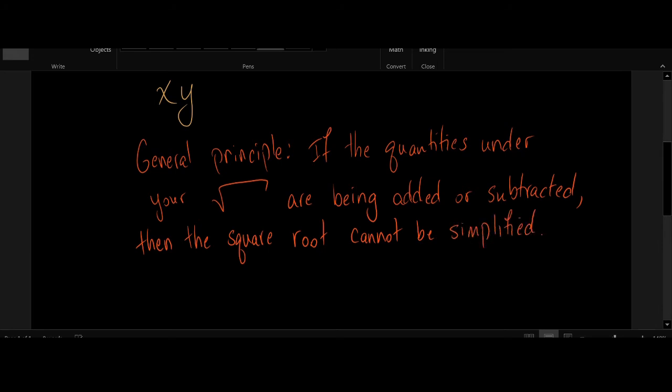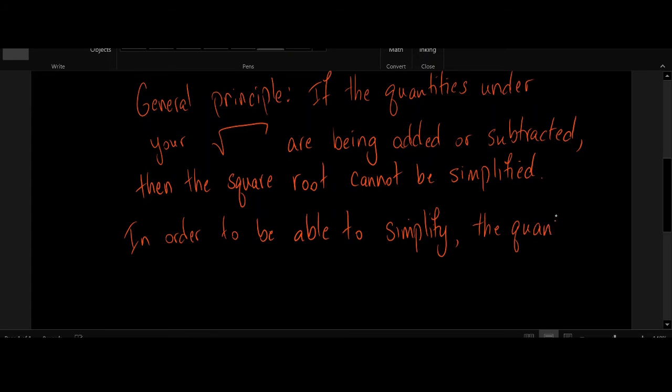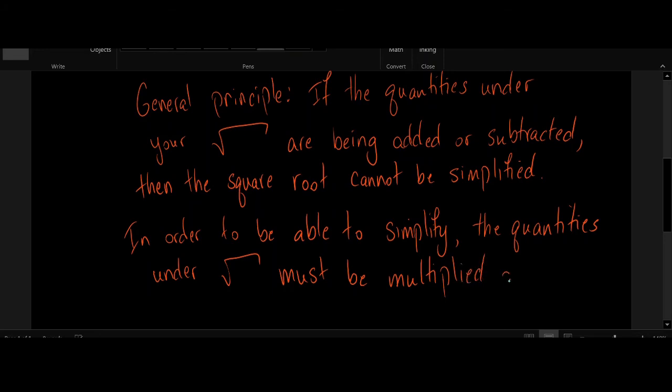If you want to simplify your square root, the quantities under the root have to be multiplied or divided. The quantities under the root must be multiplied or divided.